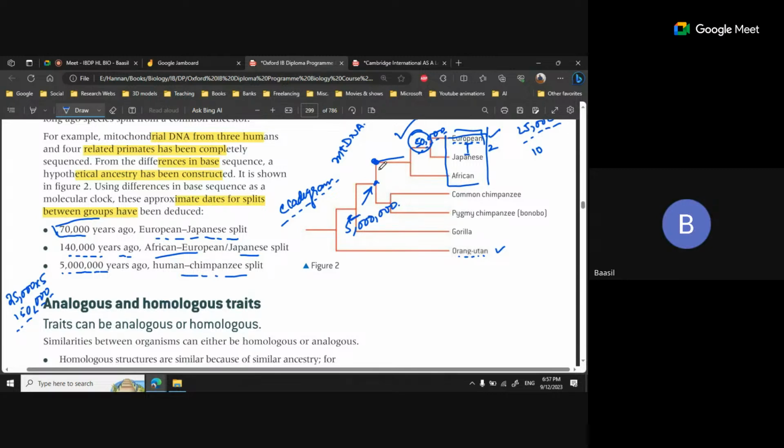Like, how did you know it's exactly 5 million, the value? That's a really great question. We don't only perform the mutation analysis or nucleotide difference. We don't always conclude on the basis of mutation rate.